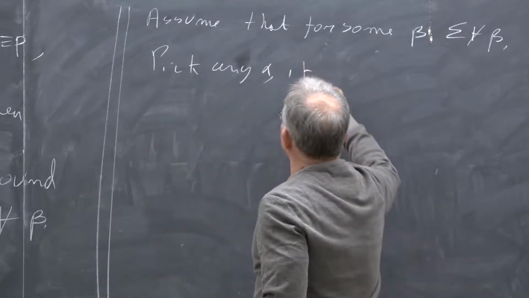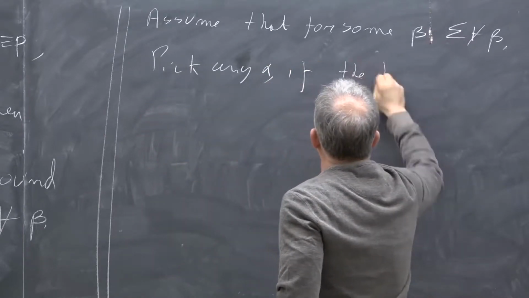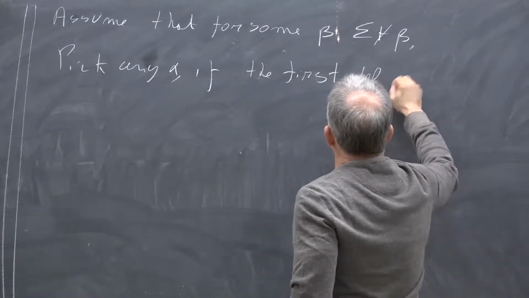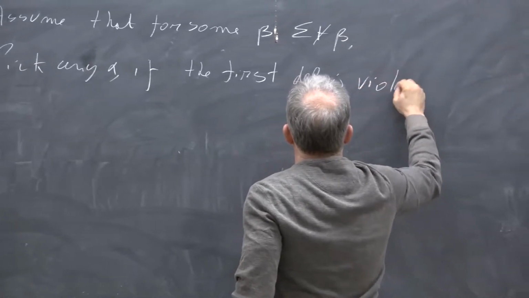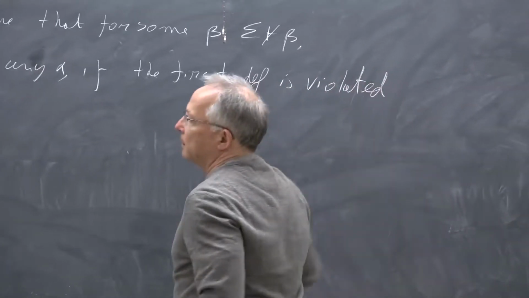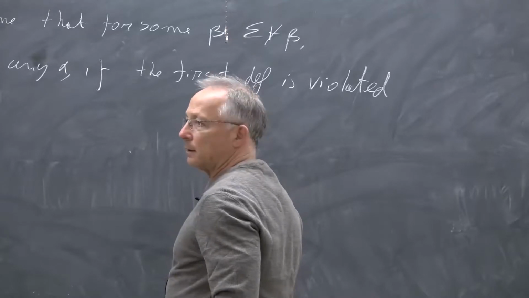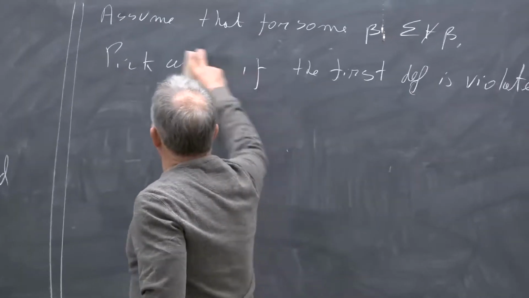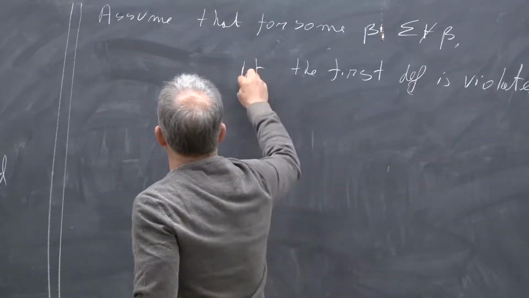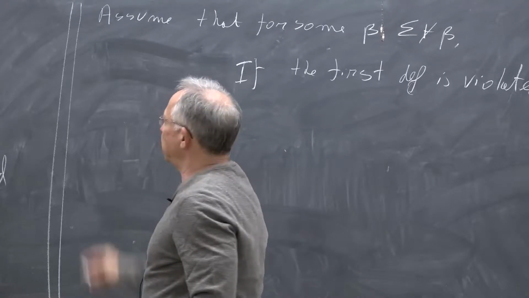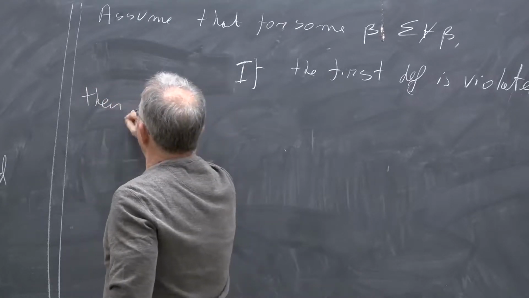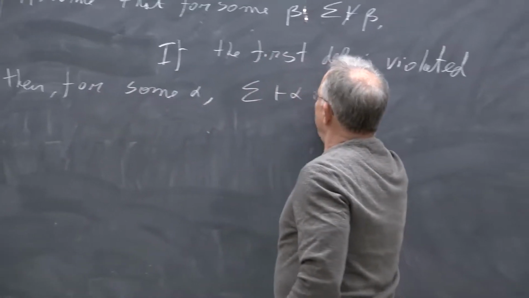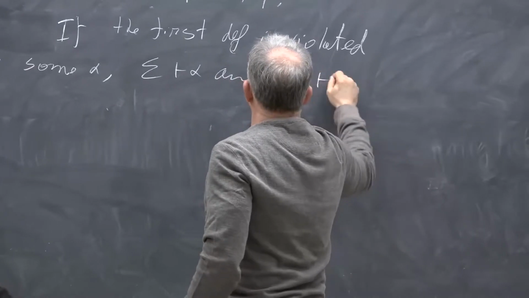If the first definition is violated, then for some alpha, sigma proves alpha and sigma proves not alpha.